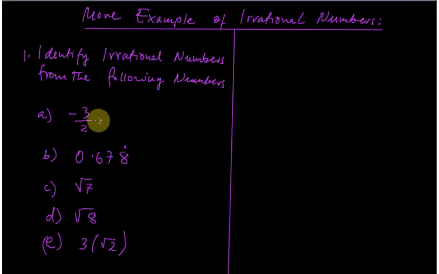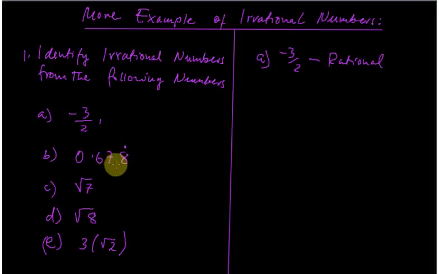So this A here, is it rational or irrational? This is rational, so it is not irrational. You don't pick it.